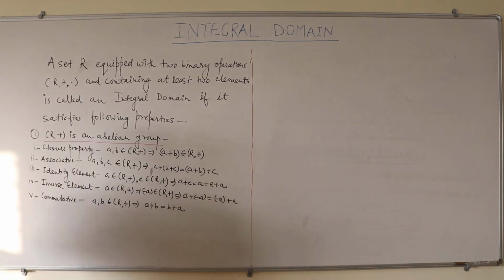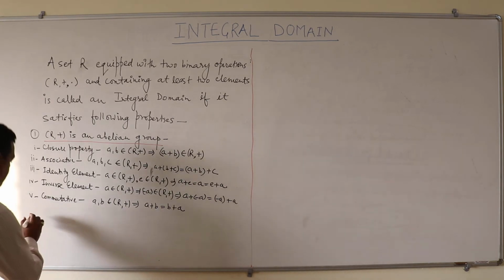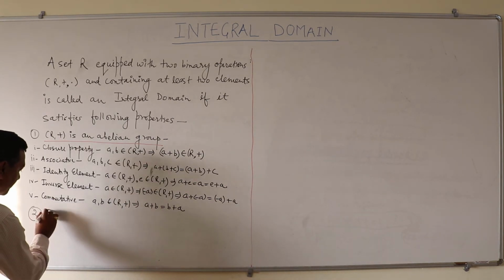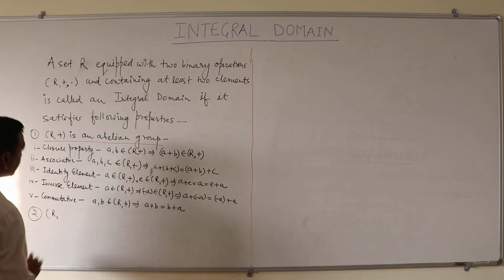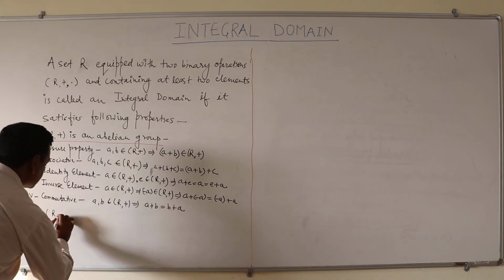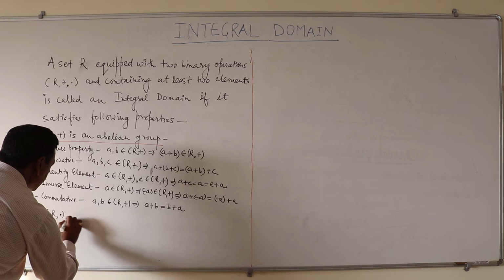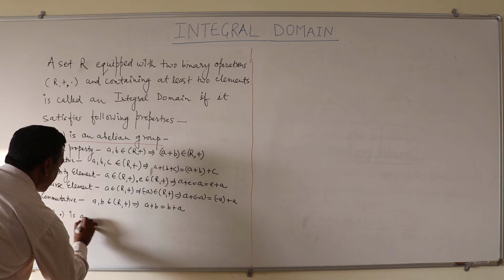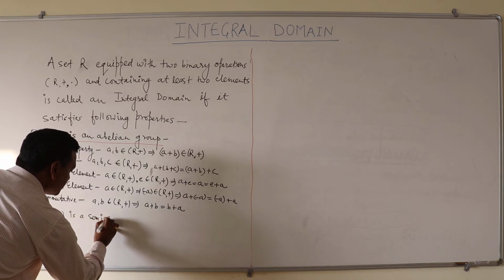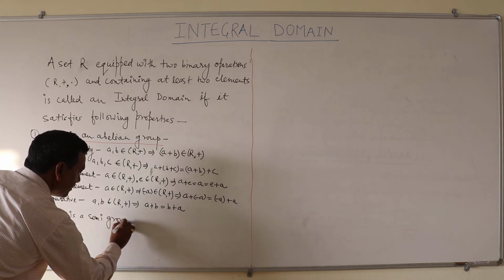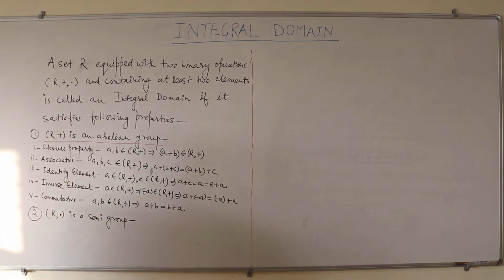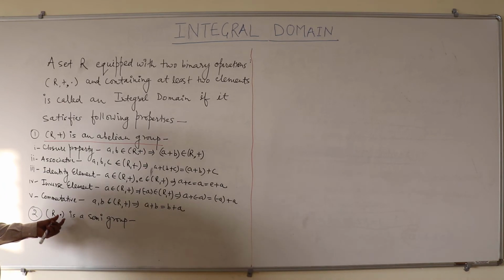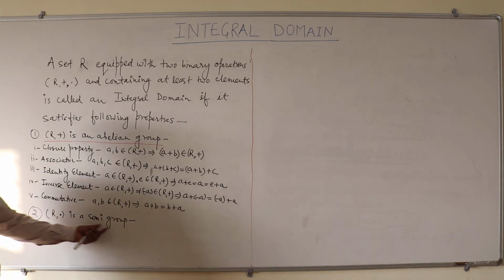Now we will see the second property. Second property is R dot is a semigroup. Means this set with respect to the multiplication operation will be a semigroup.